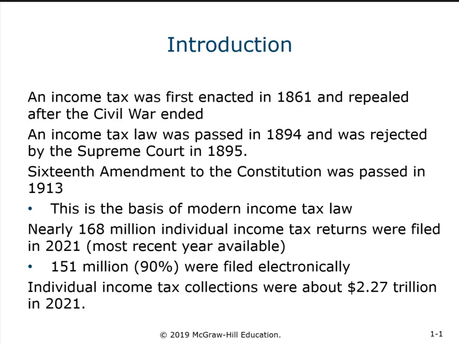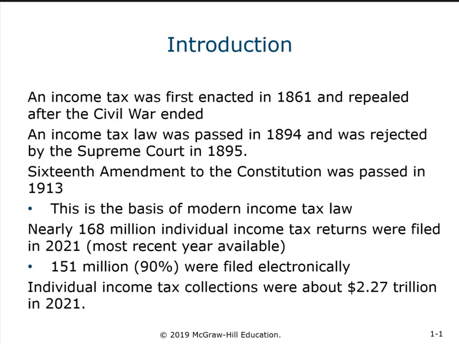In 2021, 168 million income tax returns were filed. That's just for individuals. That's not business, that's not partnerships, S corps, or any of the things that we will cover right at the end of this course, but just the individual income taxes, which brings in by far the most money of any of the taxes.